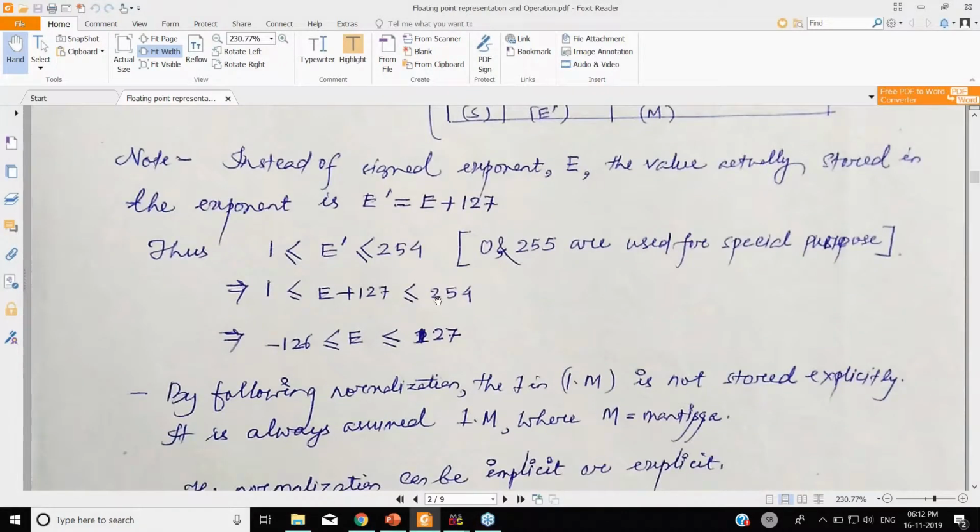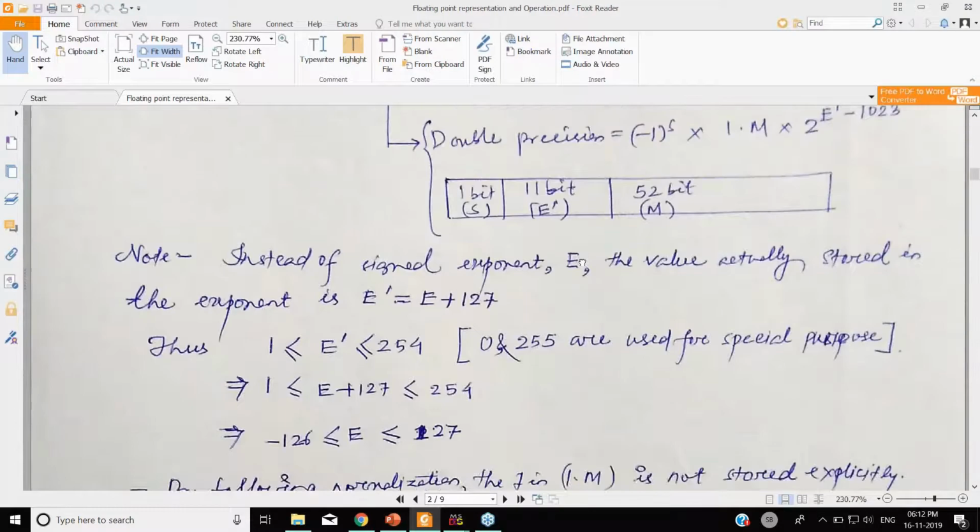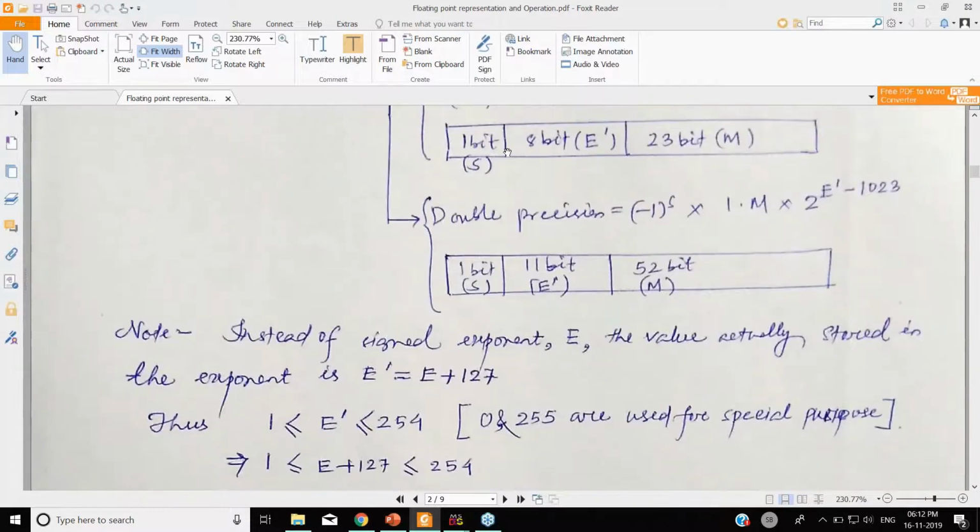The E dash value will always range from 1 to 254. There is a question for you. If we have an 8-bit binary exponent, what could be its possible range? Type the answer in your chat box.